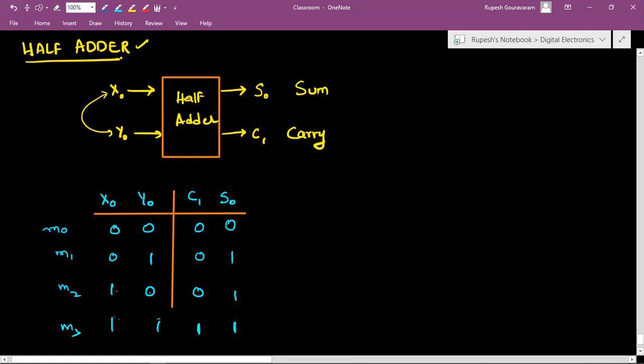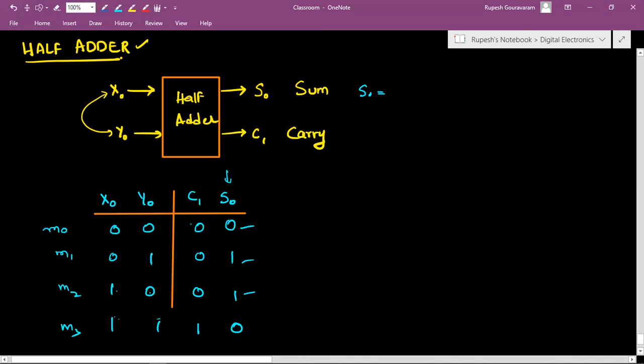Now, if you specifically see S0, only see S0 and neglect C1. So S0 here is 0, 1, 1, 0.